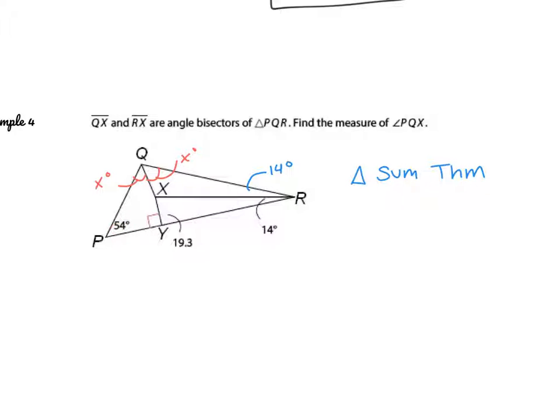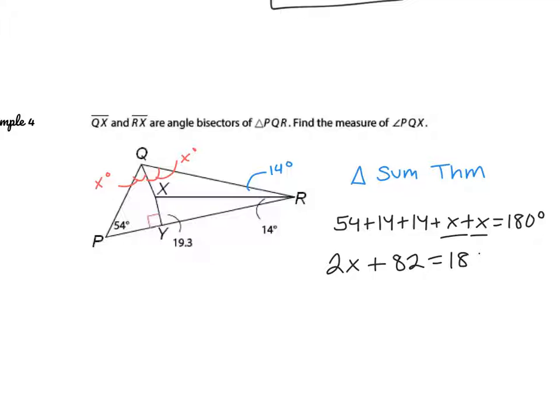So I'm going to do 54 plus 14 plus 14 plus x plus x equals 180 degrees. From here, I'm going to combine like terms, so I'll combine my x terms, so 2x, and then I'll combine my numbers to get 82.